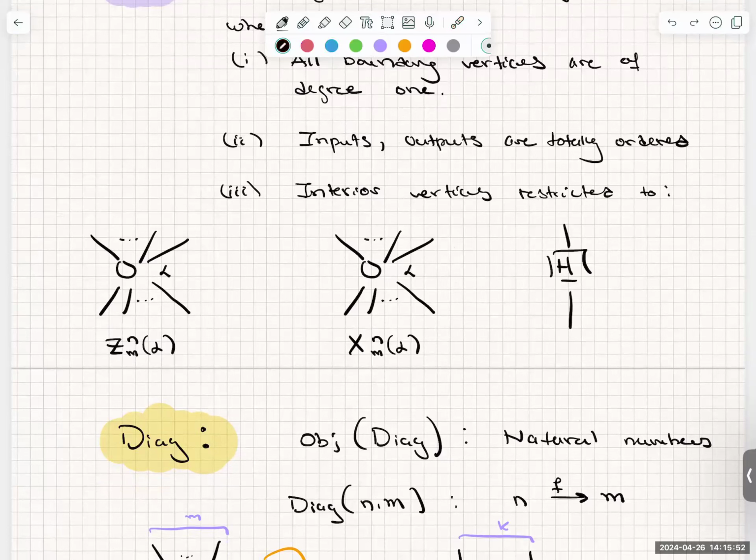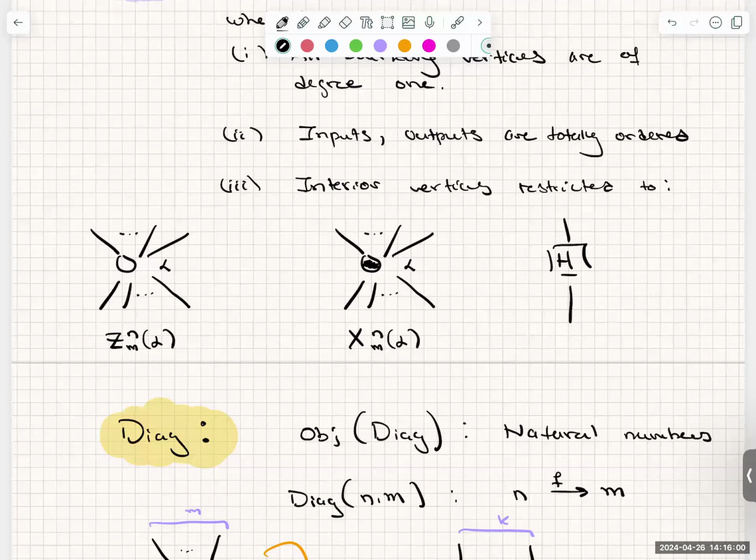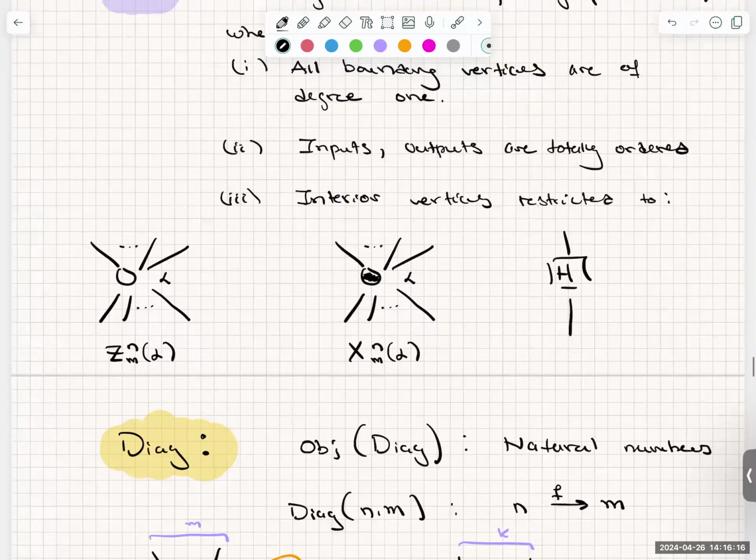And this is wrong, so these should be colored in. I should actually elaborate on what this is. Just based on this spider theorem that I wrote down, this is the result of using the spider theorem, and everything on the interior of these open graphs is going to have the form of some vertex, where alpha is the total angle there, and then there are n inputs and m outputs on this thing.